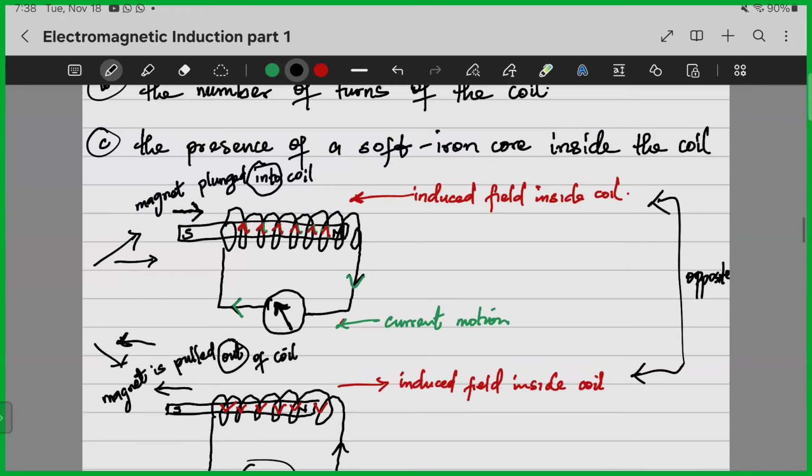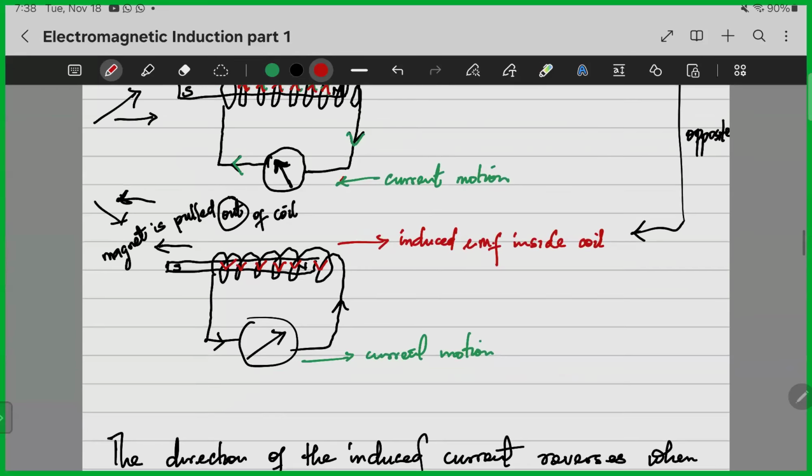So let me name this guy induced EMF. Call this one induced EMF too.